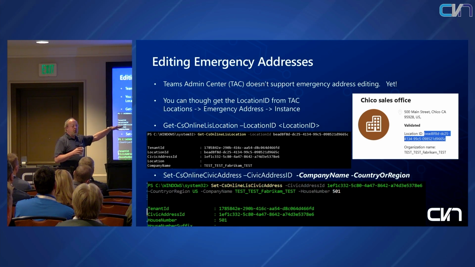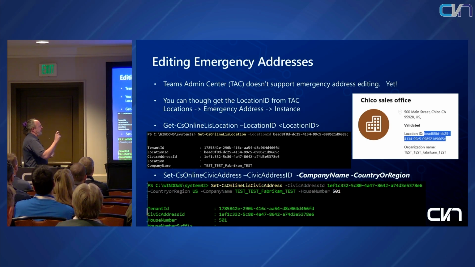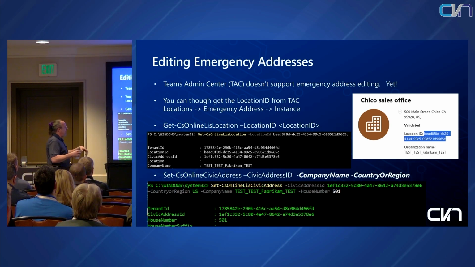Now, it's not supported in Teams Admin Center yet. It's important to say yet, because it's on their list and they haven't gotten to it, but eventually it will. But you can get to the pieces that you need pretty easily from TAC. You can go to TAC and get the location ID. From the location ID, you can then do a lookup.